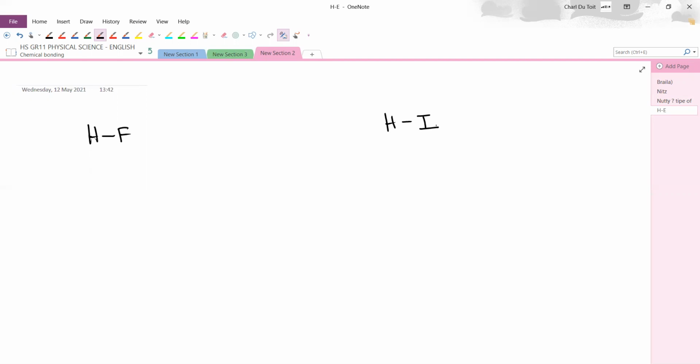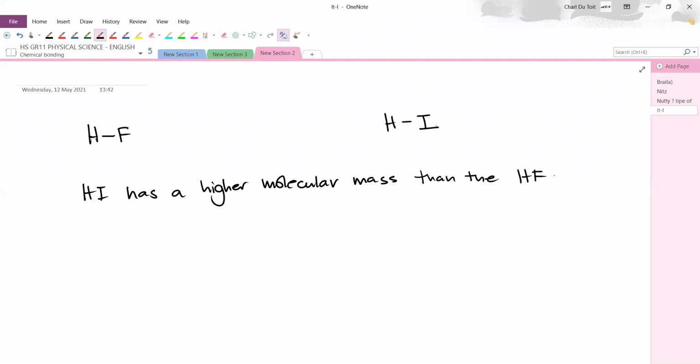They're going to say, look, the hydrogen iodide has a higher molecular mass. What do you expect? It must have a higher boiling point. No, we've just done that. The higher the molecular mass, the higher the boiling point. It has a higher molecular mass than the hydrogen fluoride.